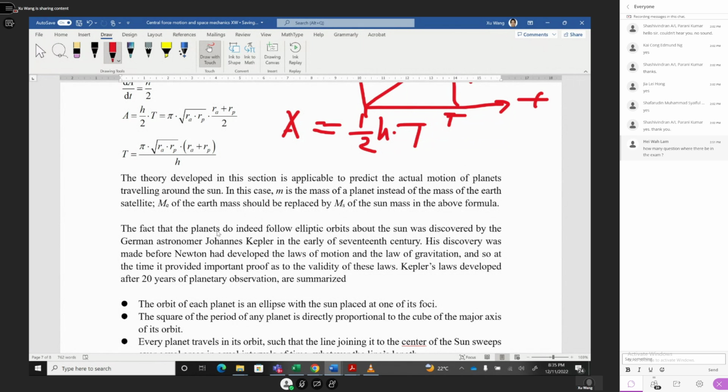Okay, the fact that planets do indeed follow elliptical orbits around the sun was discovered by the German astronomer Johannes Kepler in the early 17th century. His discovery was made before Newton discovered the law of motion and the law of gravitation.